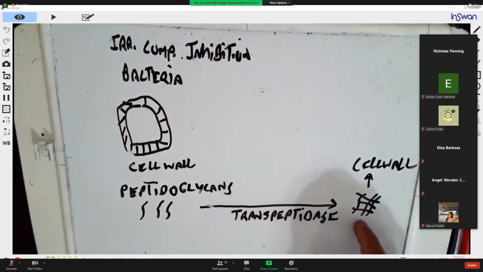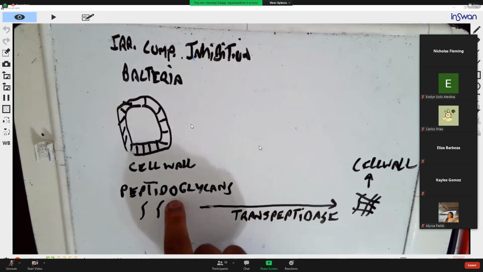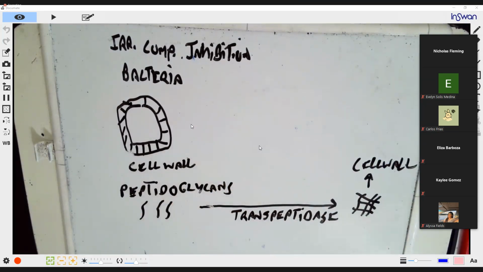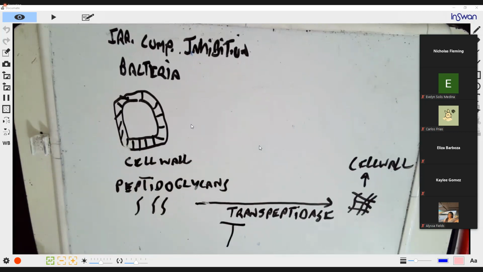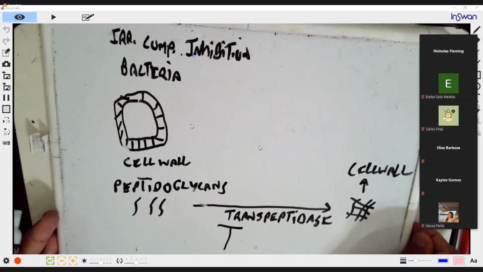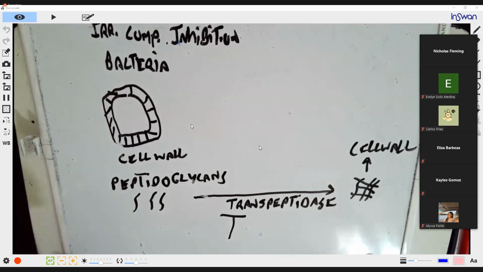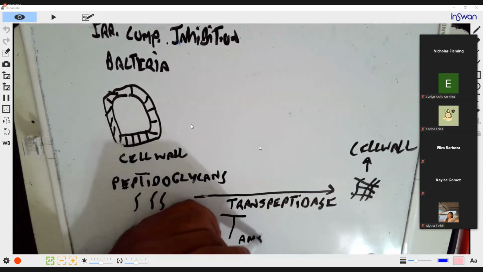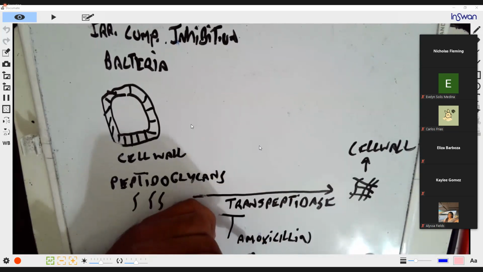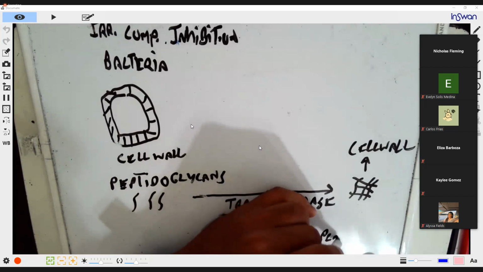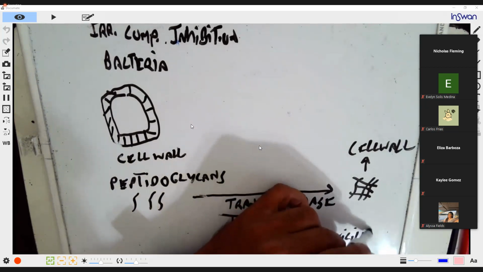So enzyme, product, substrate. That's the substrate. Now what happens is I'm going to throw in a competitive inhibitor for this substrate. That's going to look like an upside down T, right? That means inhibitor. So the inhibitors are things like amoxicillin, penicillin, which I'm sure you guys have heard of.